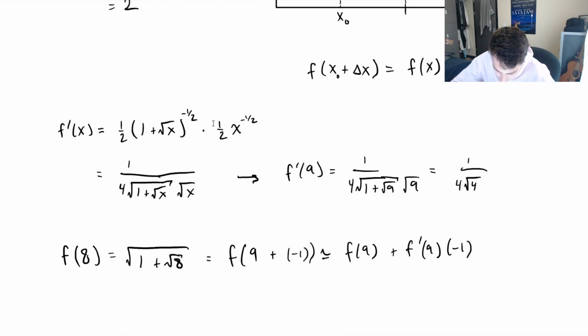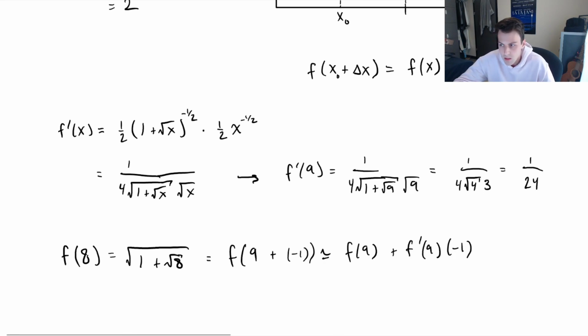That is square root of 4, and this is 3. We are left with 1 over 4 times 2 is 8, 8 times 3 is 24. Right? Does this make sense? Let's double check that this math is okay. Okay, yeah, this is looking good.